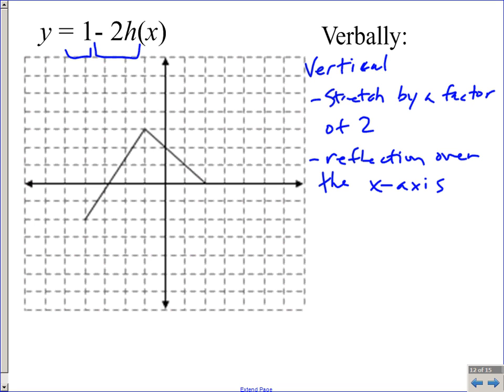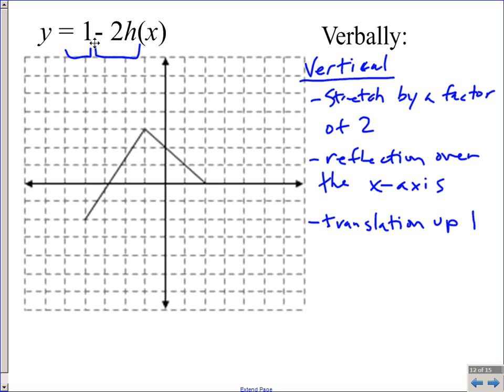And then finally we will do a vertical translation up 1. All right.